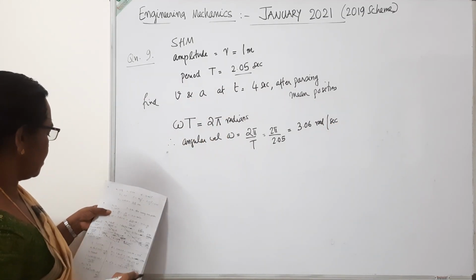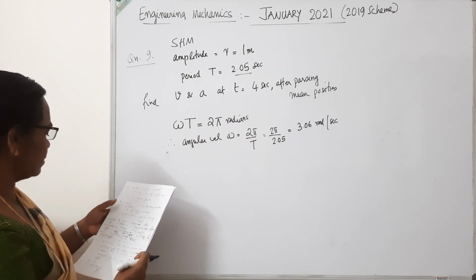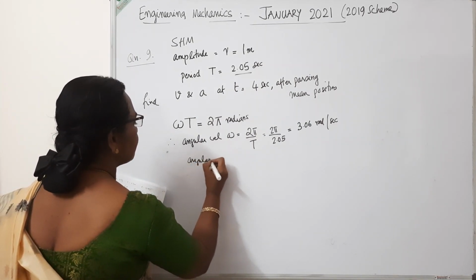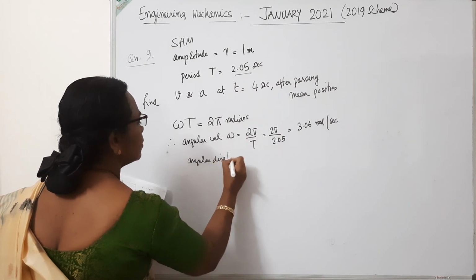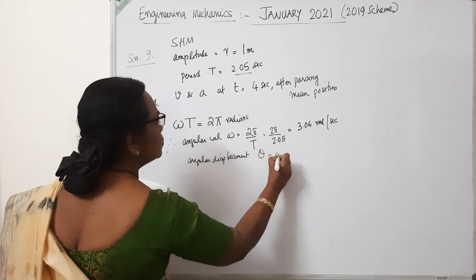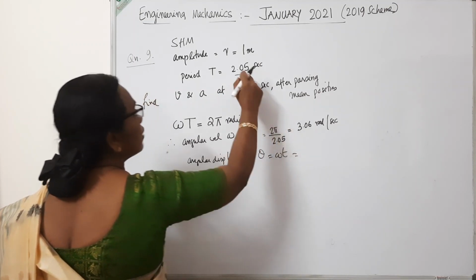Now, what about the angular displacement? Theta is equal to omega t, where t is 4 seconds.